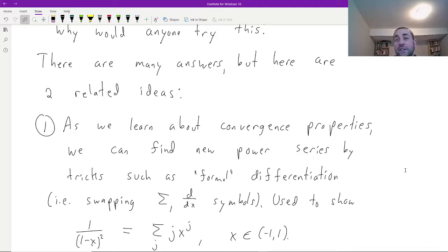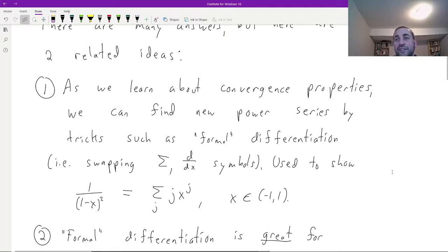We've actually seen this already when talking about formal differentiation, that is, swapping the sum and the derivative symbols. If you look at the last video, we saw that 1 over (1 minus x) squared was equal to the sum from j equals 0 to infinity of j times x to the j over the same interval, x from -1 to 1.